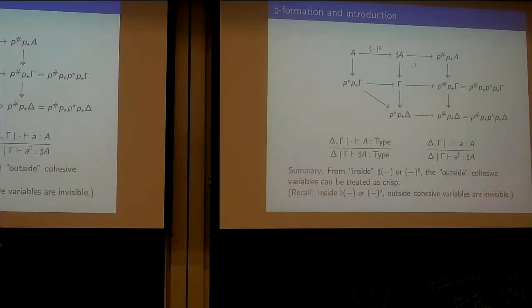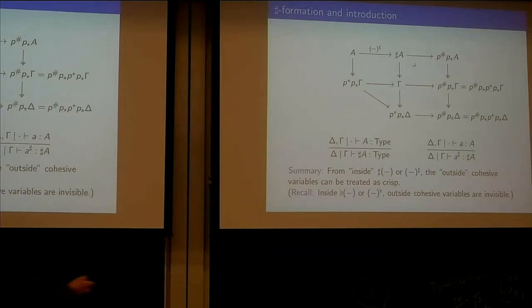So semantically, what's going on here? The rule for introducing a flat said that anything which is cohesive in the context where we're trying to introduce the flat gets ignored when we enter the flat. Sharp has the dual property that everything that's cohesive in the context gets treated as if it were crisp.